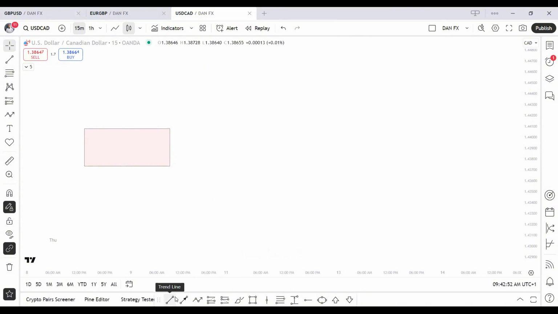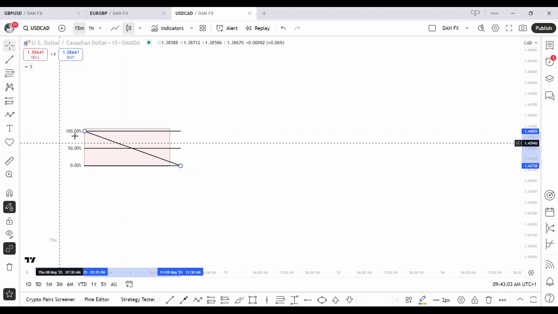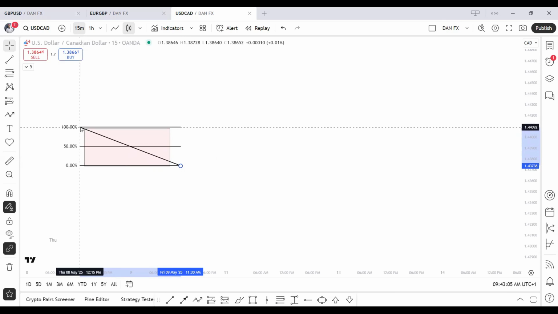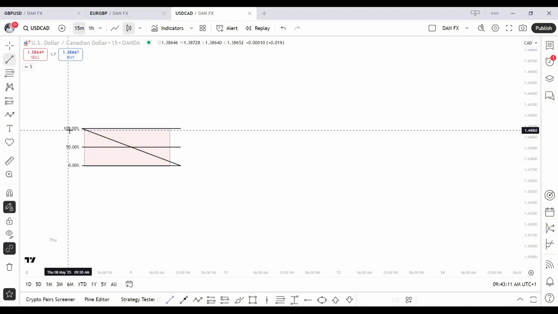One thing you need to understand about the Asian session box is that it can be broken down into two, from the highs to the lows. Let me draw a line so we can see this.